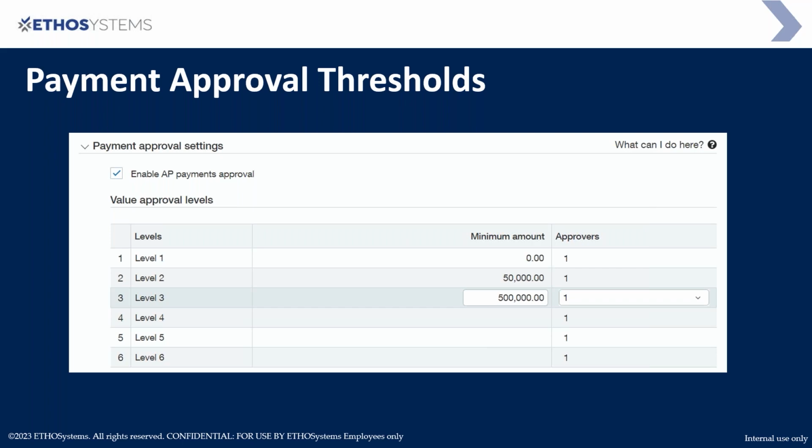And then anything above 500,000 gets approved by level 3, is all this is saying. Or we can just set one approval of 0, and all payments are approved by that one person or 2 people, or however many people we decide to put on the approvers column, and also grant permission in Intacct to do that. That's as simple as that on the payments.